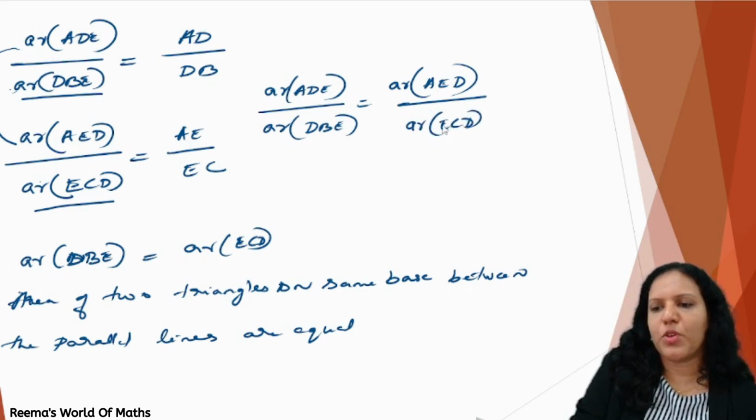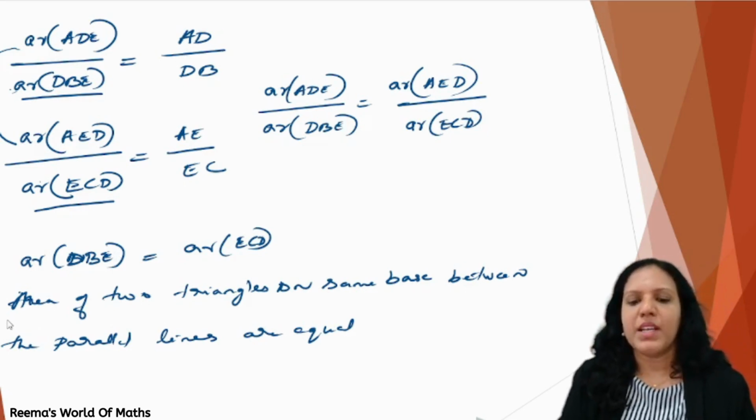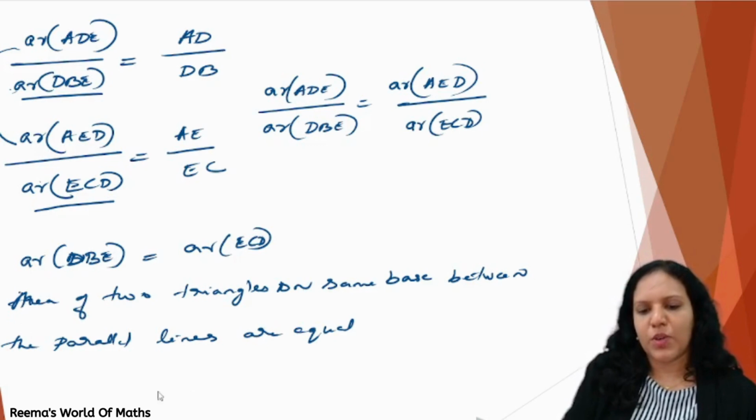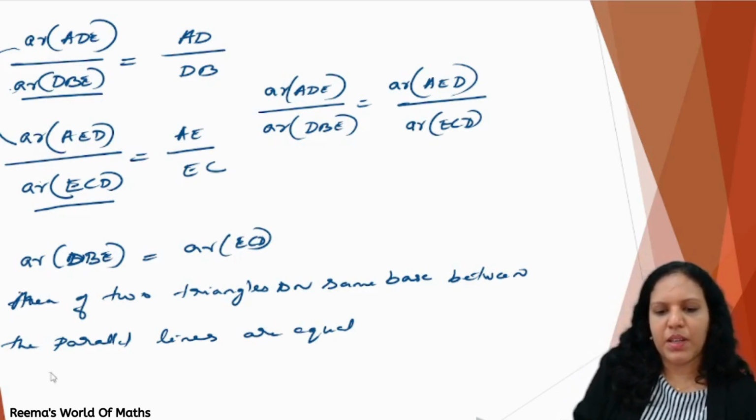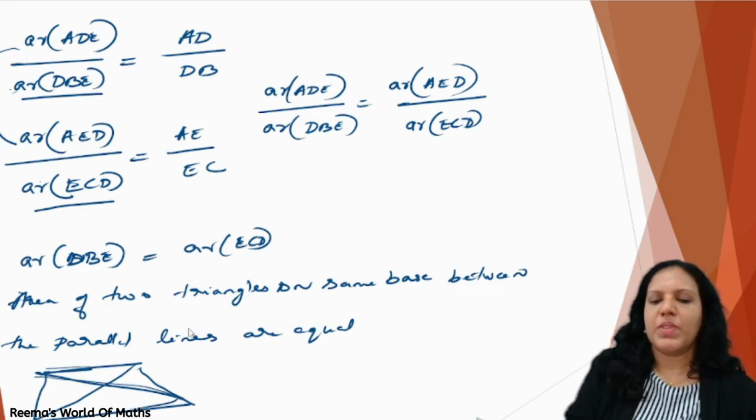This we also proved by the theorem that the areas of two triangles on the same base between the parallel lines are equal. If we have two parallel lines and triangles are joined with the same base, these two triangles will always be equal.